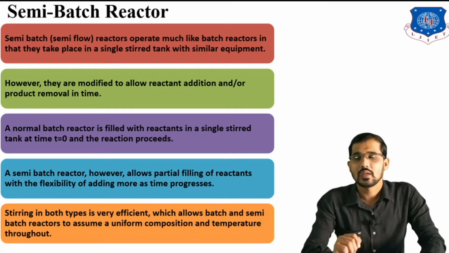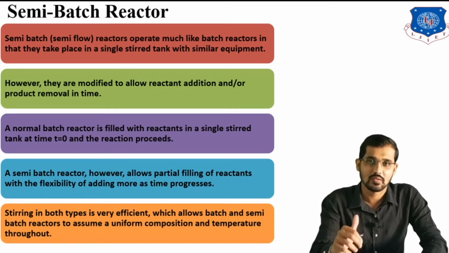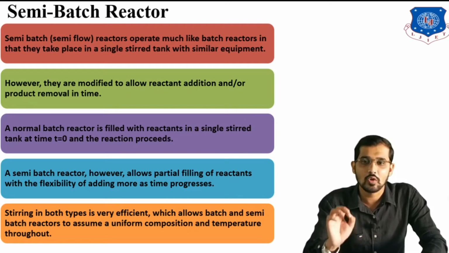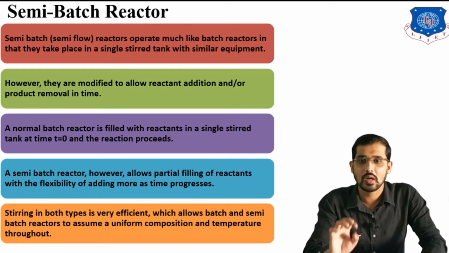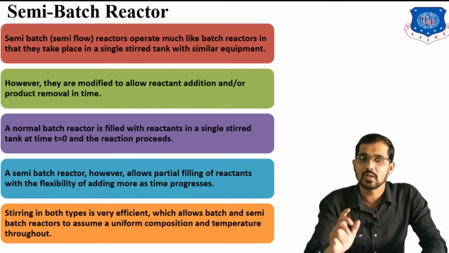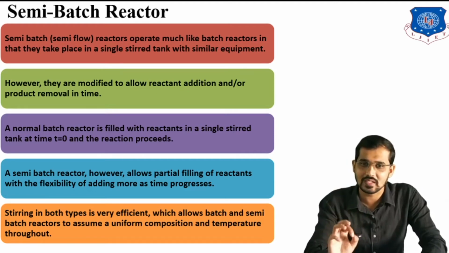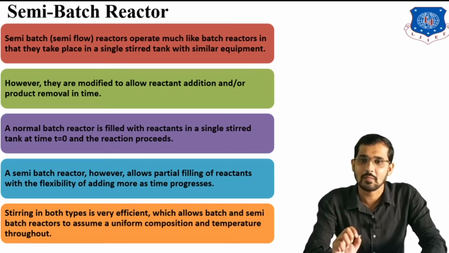After that, next point, in normal batch reactor. Now this point is related to the batch reactor, which we have seen in the previous slide. In the previous slide, we have seen a normal batch reactor is filled with reactants in a single stirred tank at time t equal to 0 and the reaction proceeds.